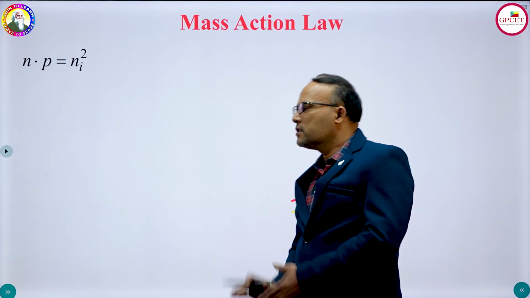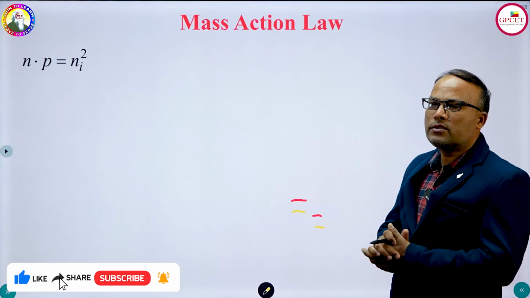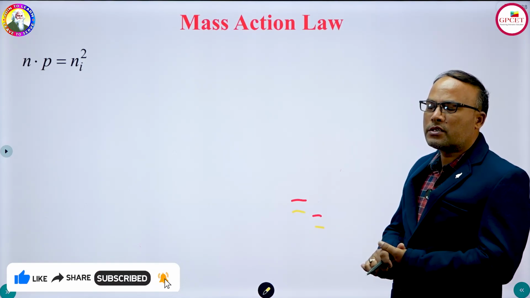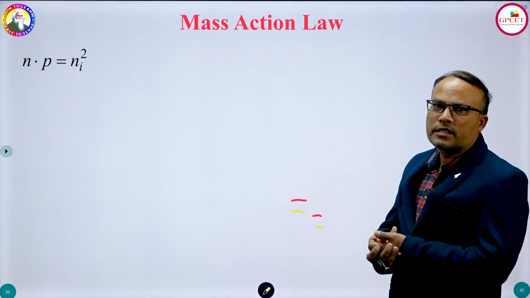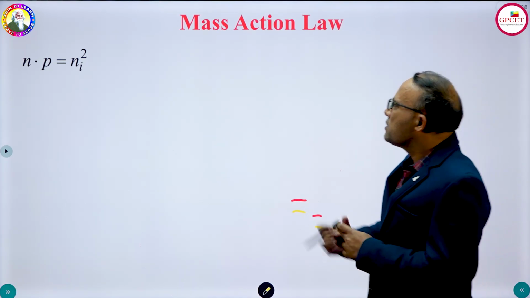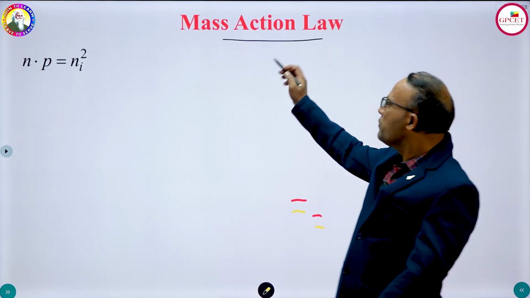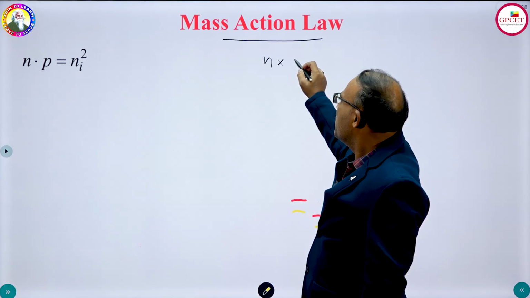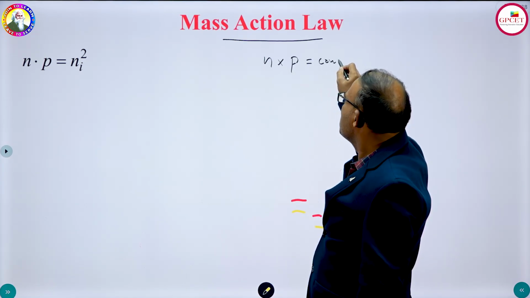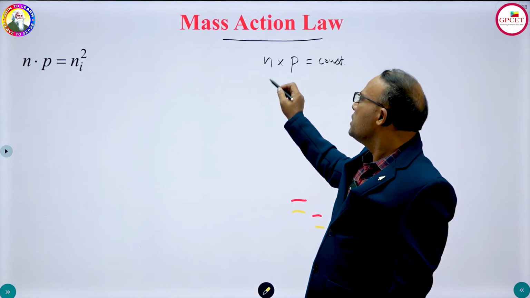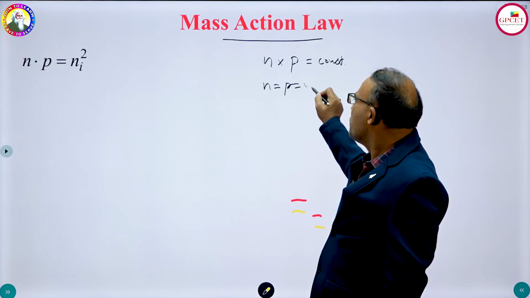Mass action law says that at a constant temperature, the product of the concentration of holes and the concentration of electrons is a constant. What is that constant? In an intrinsic semiconductor, n is equal to p is equal to ni.